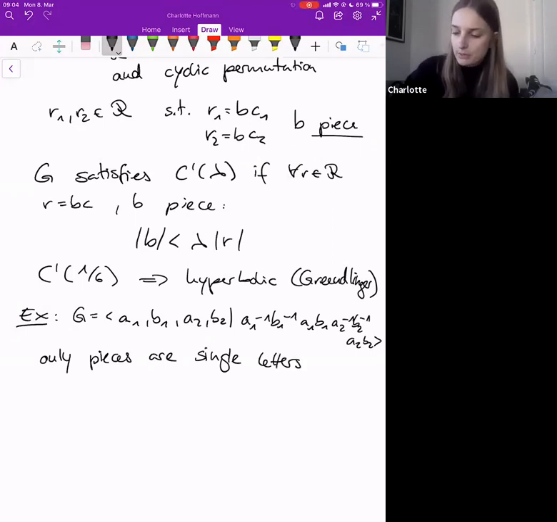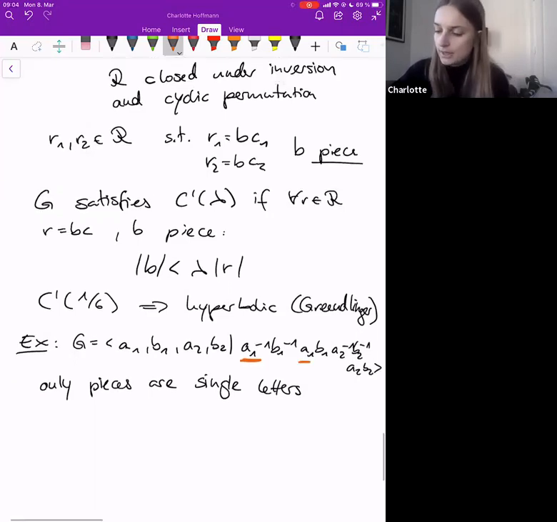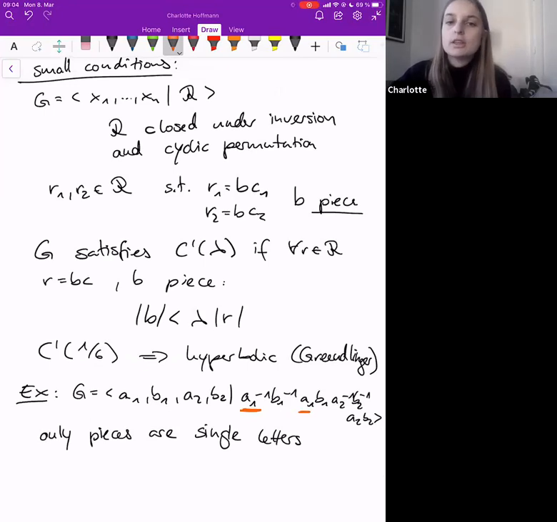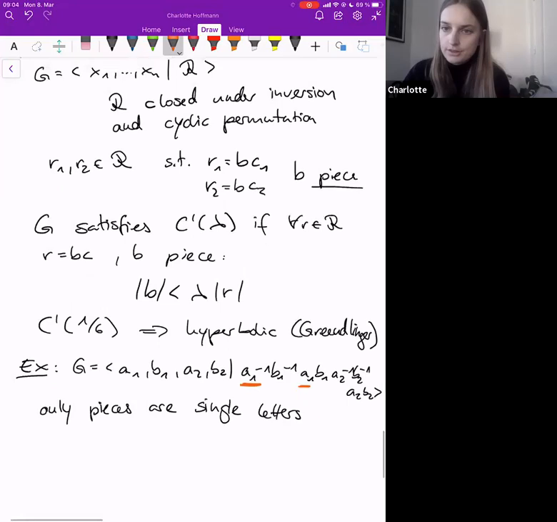And why is this? Okay, so the single letters are pieces, because if I see this letter A1 here, this occurs another time in the relator. And remember, R is now closed under inversion and cyclic permutation. So the single letters are all pieces, but there are no pieces of length 2.